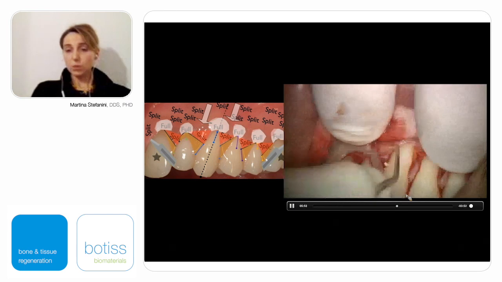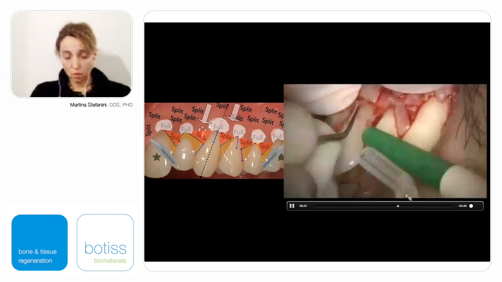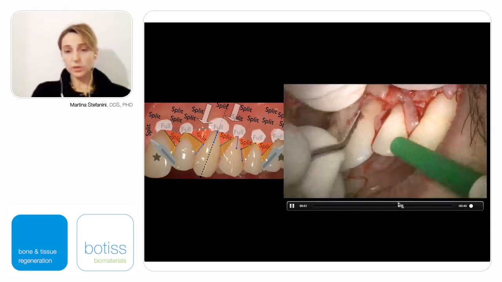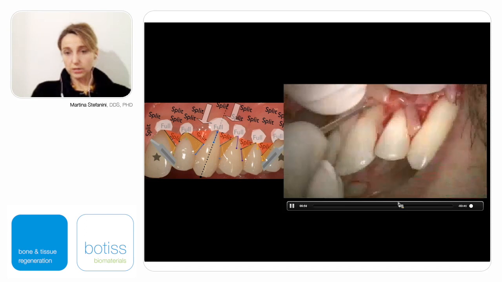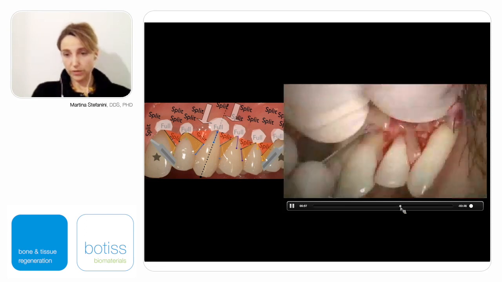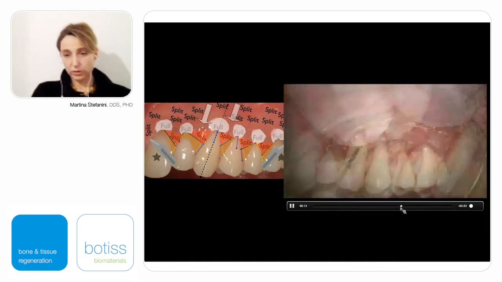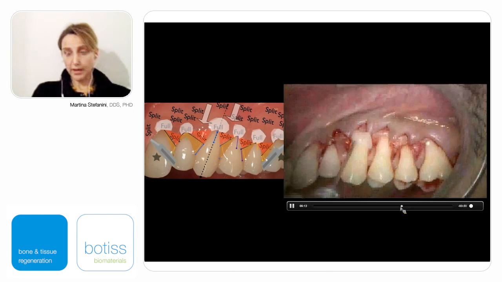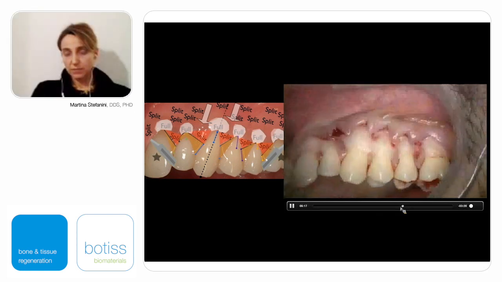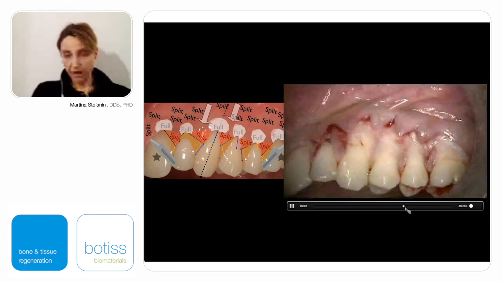And this is the root instrumentation performed exactly in the same way with the use of the Mini 5 curette until the root surface is hard and smooth, and then we can apply the EDTA gel in order to remove the smear.